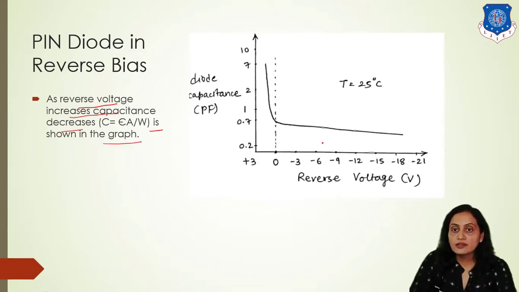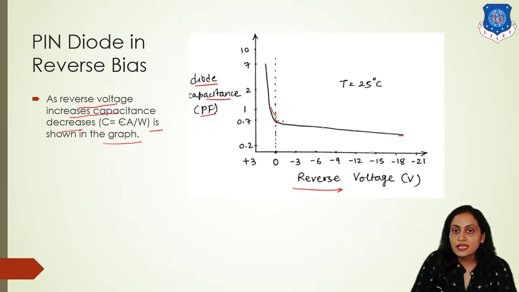So we are increasing the reverse voltage. Initially you can see over here in this graph, this is the diode capacitance. Initially the decrease in the capacitance is larger, but after application of this reverse bias, a very small amount of variation you can see in the capacitance, and this is in the picofarad.